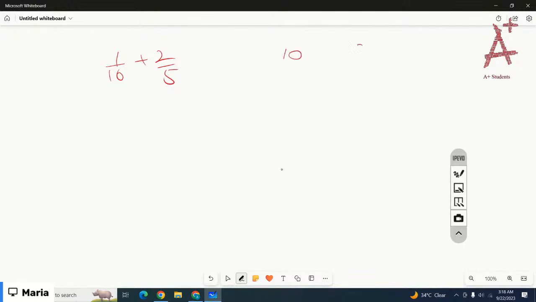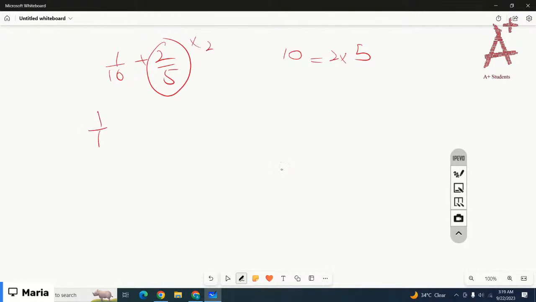The greater denominator is 10 and the smaller is 5. 5 times what number makes 10? You have to do 5 times 2, because 5 times 2 makes 10. So just multiply this fraction by 2.